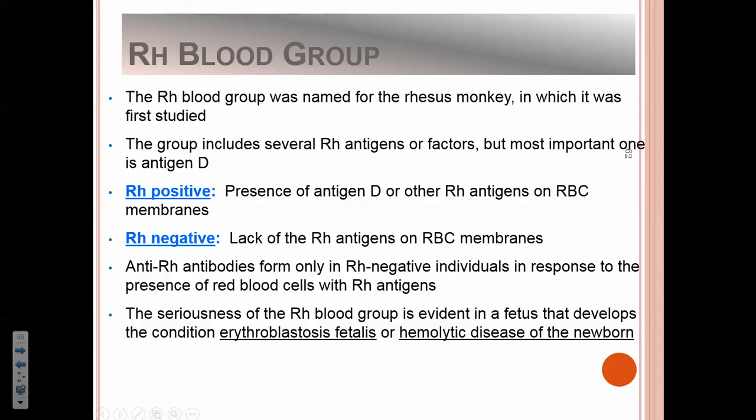Rh stands for rhesus, which is the genus for a type of monkey where this was first identified. You already knew that? Yeah, the monkey. They're primates like us. We have a lot of common features, like the rhesus factor.